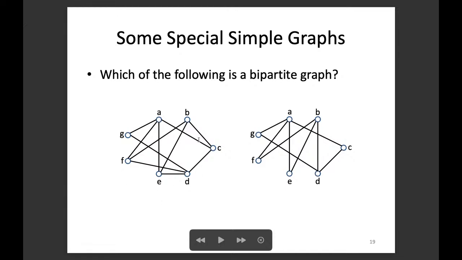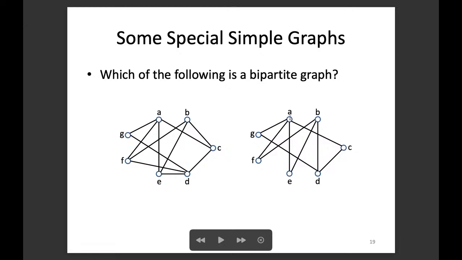So this is actually a construction proof. We actually construct a particular way to separate the vertices into two groups and show that there are no edges between them. Now for this one, let's see if this is a bipartite graph or not.